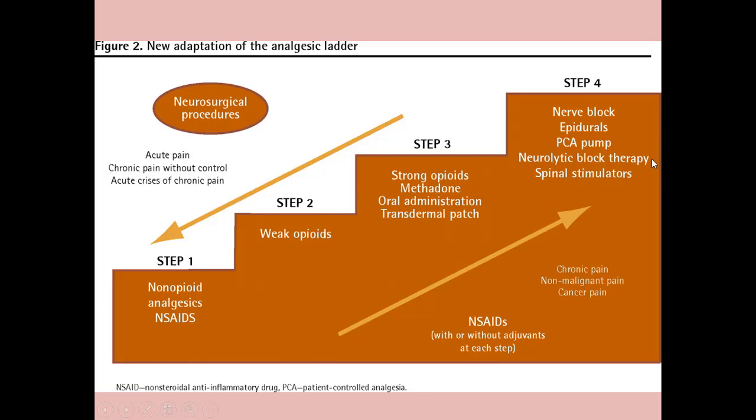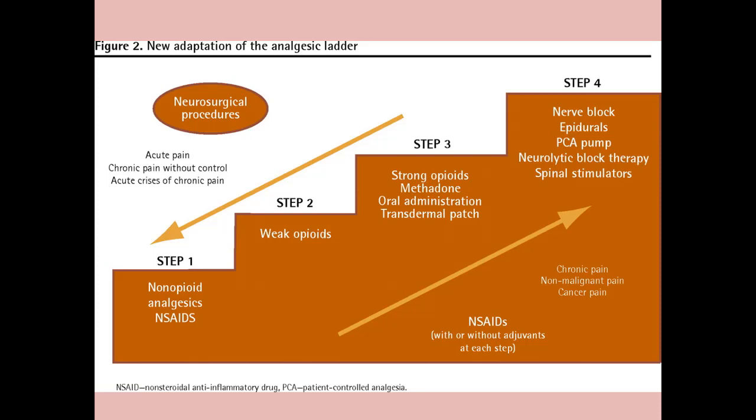But now there are some changes, and it is now said that actually that is only for chronic pain. In chronic pain you can start from the non-opioid analgesics, then weak opioids and strong opioids.